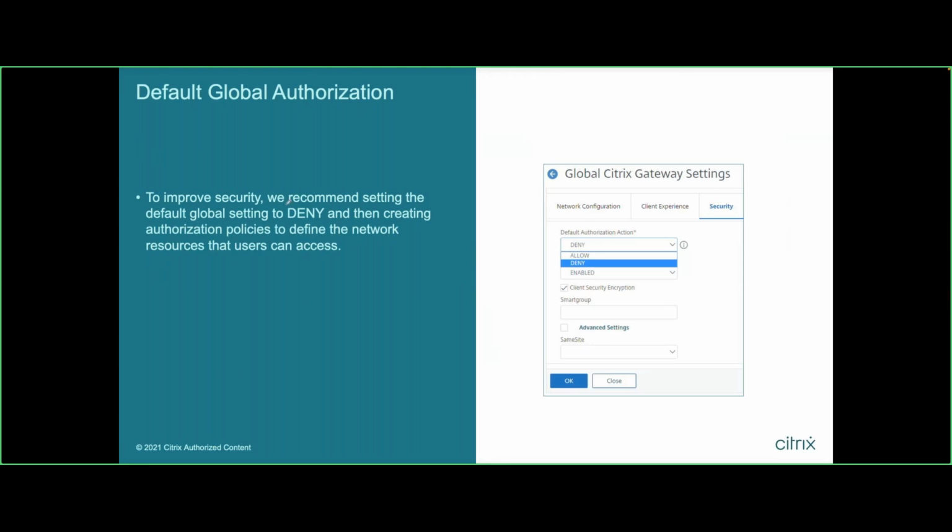So if you want to improve the security, you just deny. And then you create your authorization policy to define the network resource. And if you remember, I defined the network resource yesterday, internal and external, right? So that's for the authentication.